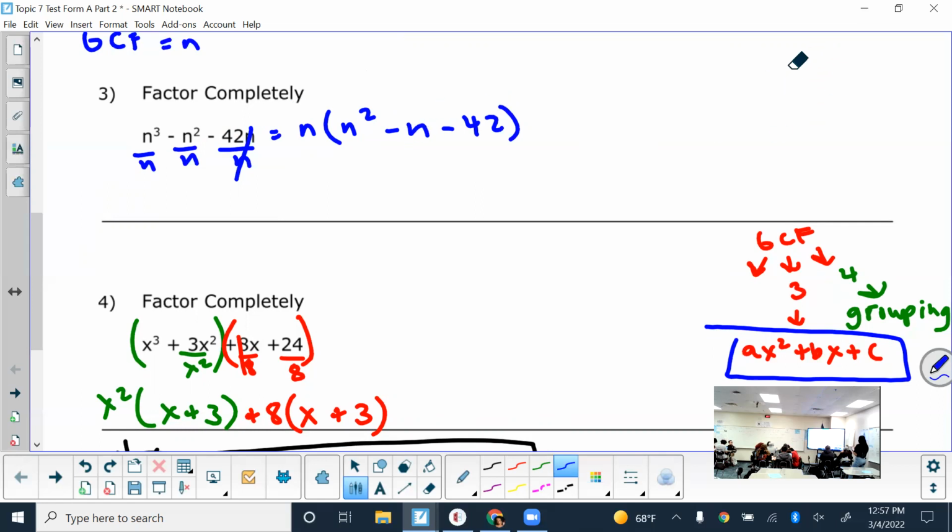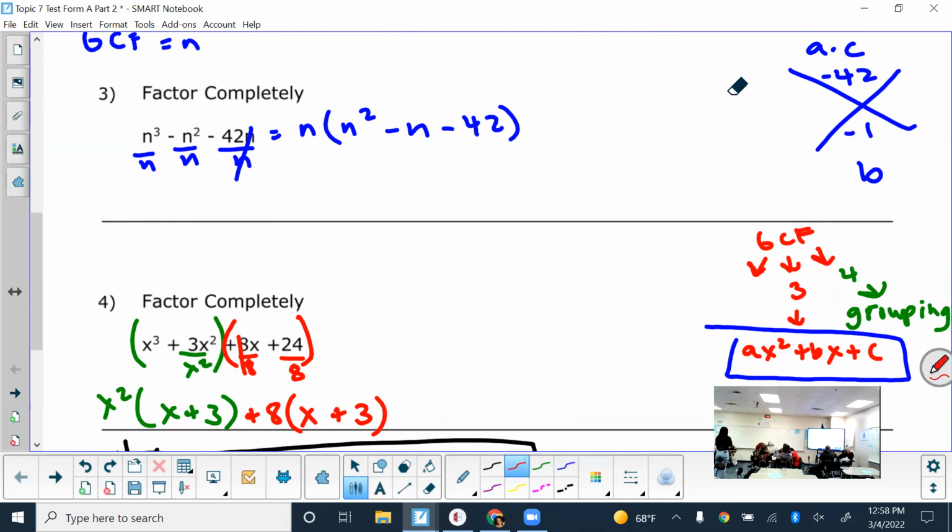So you factor it using the diamond method that we learned, where it's a times c on the top and b on the bottom. So a times c, 1 times negative 42, is negative 42. And what number is in the b position? A negative 1. And so I need two numbers that multiply to negative 42 but add to negative 1.